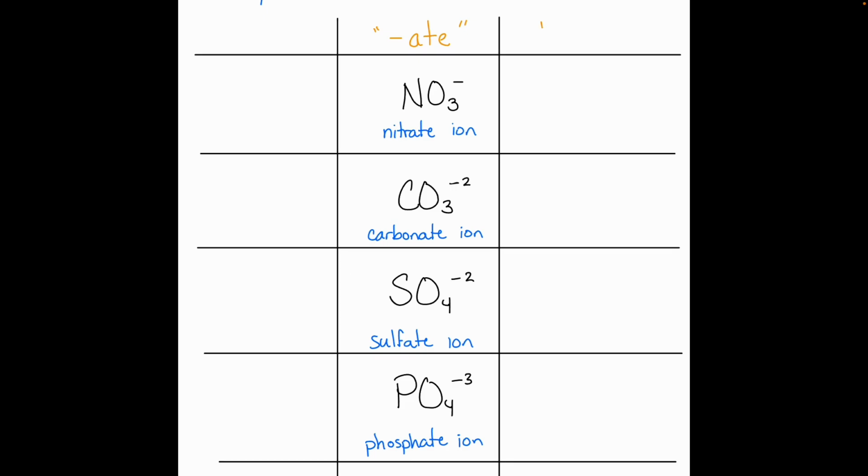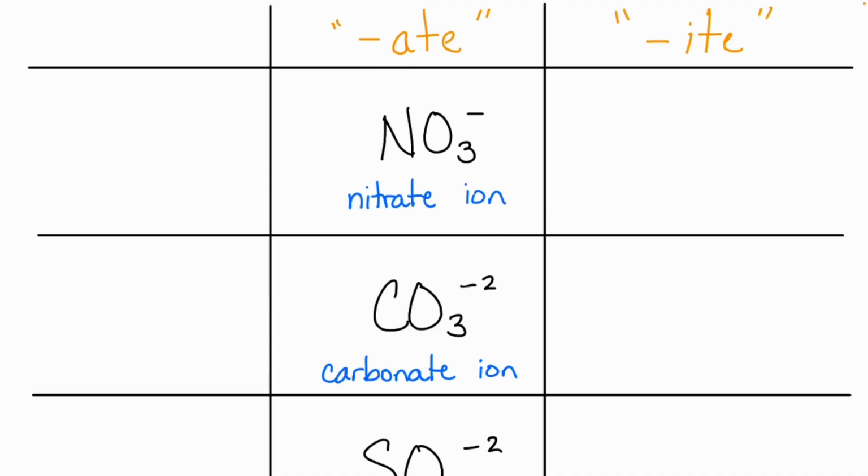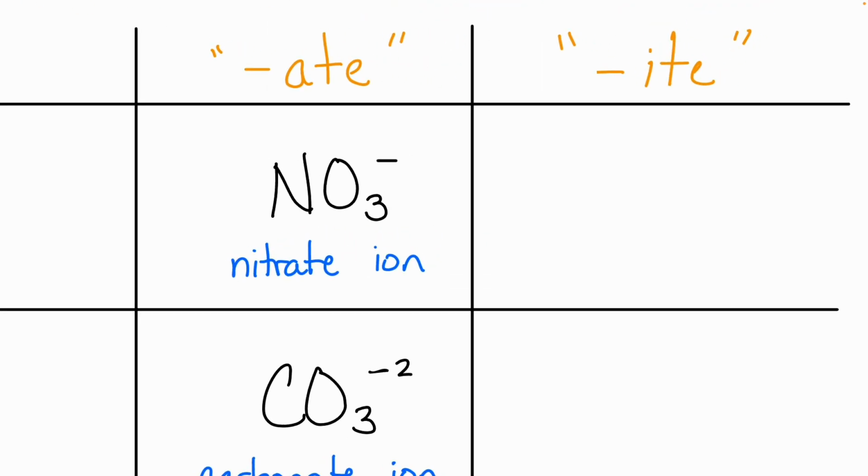These ones all have this ending ITE. We're going to use our same nonmetal, but this time we're going to decrease our number of oxygens by 1. So NO2 with a -1 charge, whereas NO3 with a -1 charge was nitrate, NO2 is nitrite.